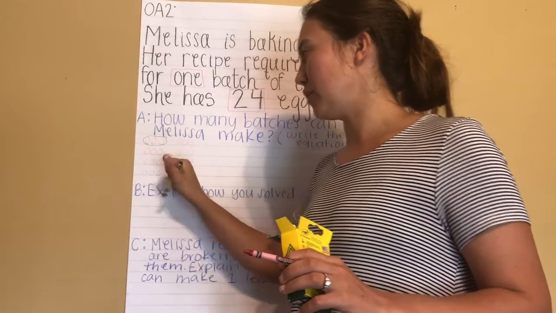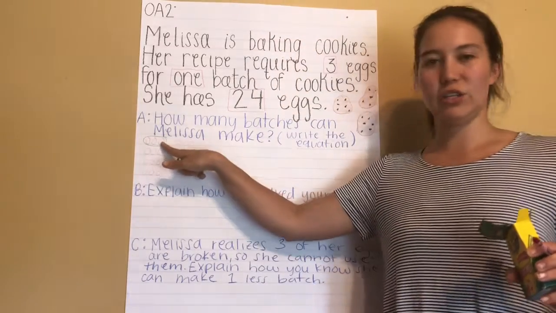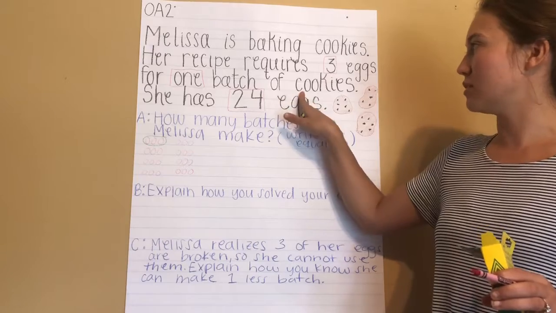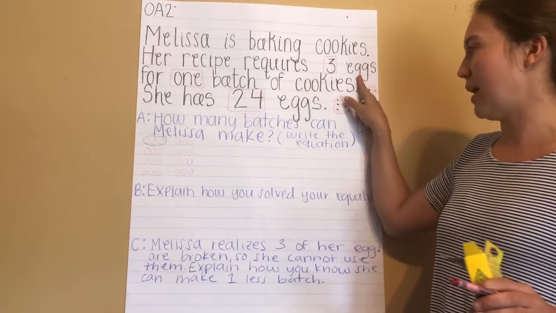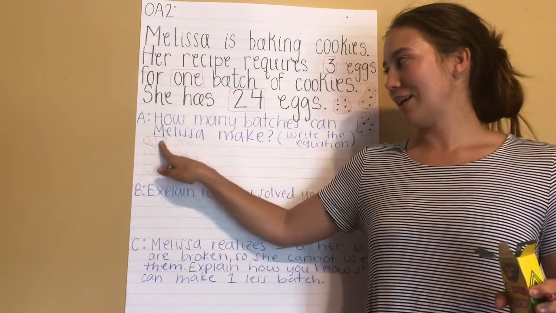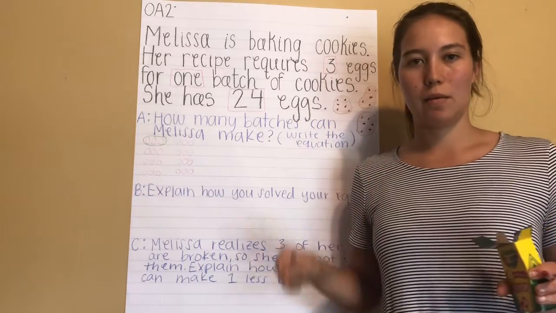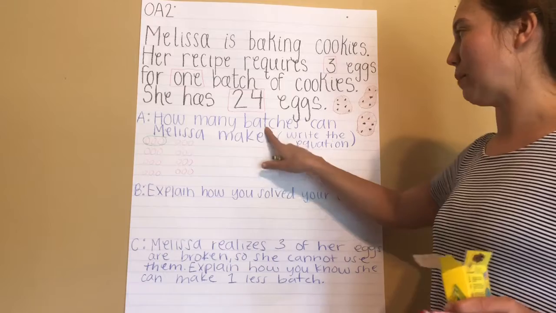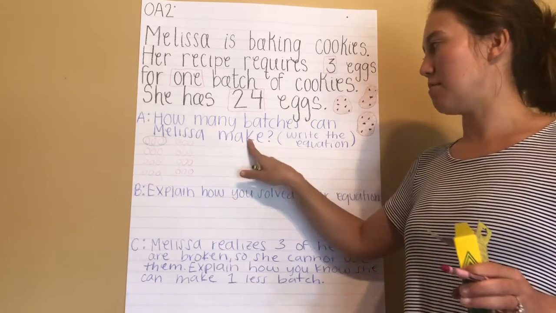So this right here represents 1 batch of cookies that she can make, because 1 batch of cookies requires 3 eggs. So these 3 eggs can go in 1 batch of cookies. And my question is, how many batches can Melissa make?